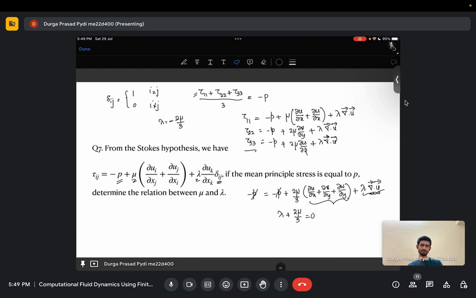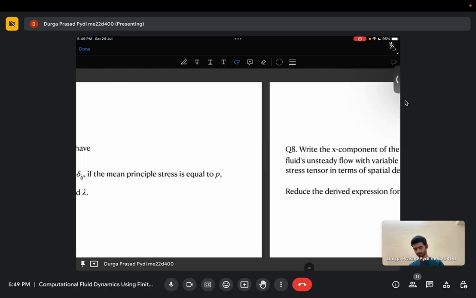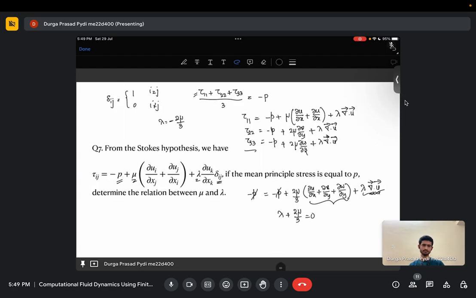I'm just trying to understand, this relation doesn't matter if the flow is compressible or incompressible. Yeah, that part is going away. If it is incompressible, lambda doesn't matter, the term lambda itself will be gone. So that is what you will be left with.